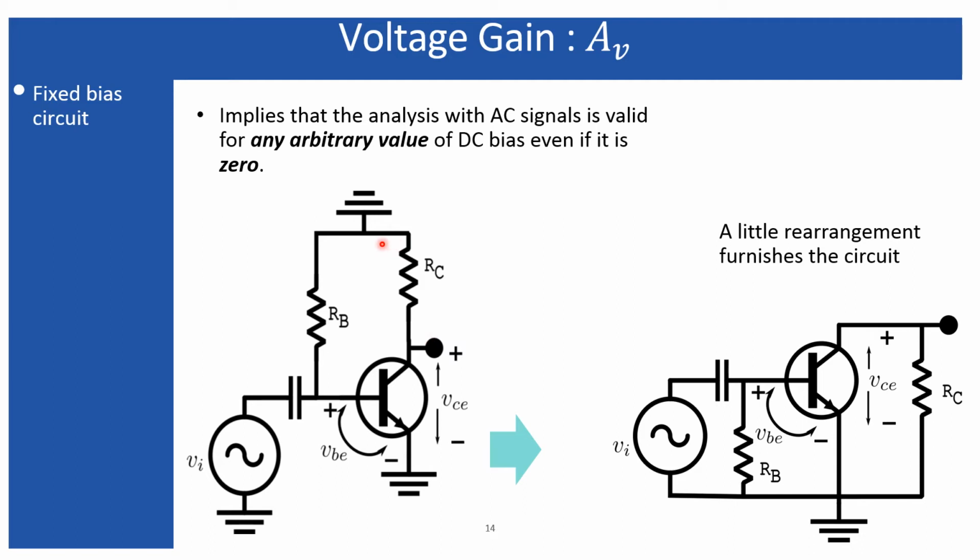So therefore, we can safely assume that the DC voltage is zero for our analysis purpose. And finally, this circuit can be reduced down or represented by this one, because the base terminal is right now connected between the base and the ground. So it is base to ground. The RC is connected from the collector to ground. So this circuit is nothing but this circuit in a simpler form.